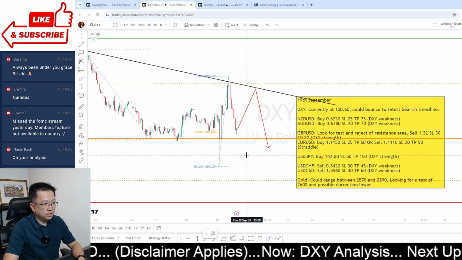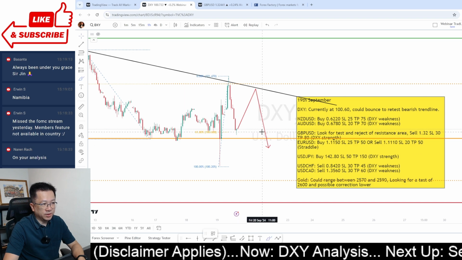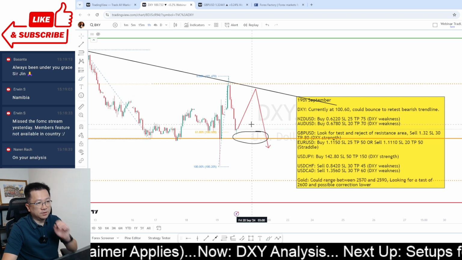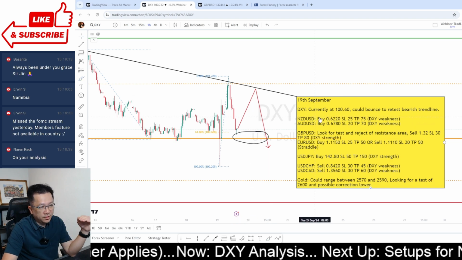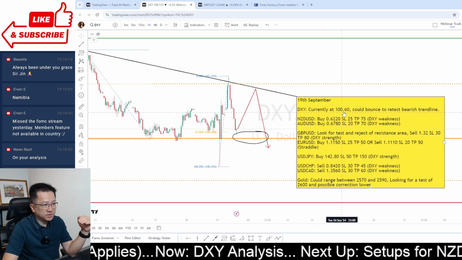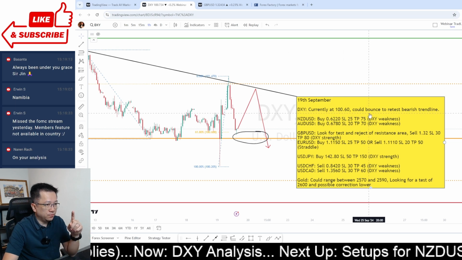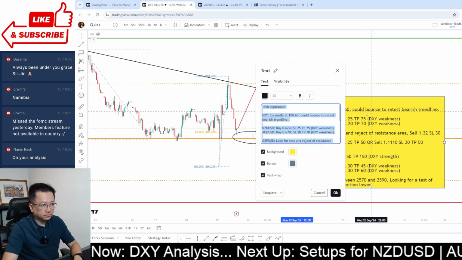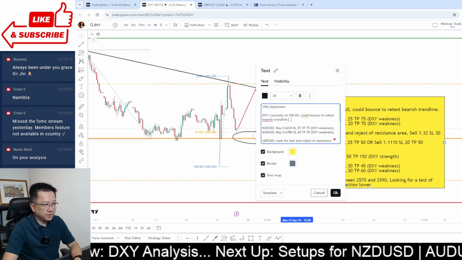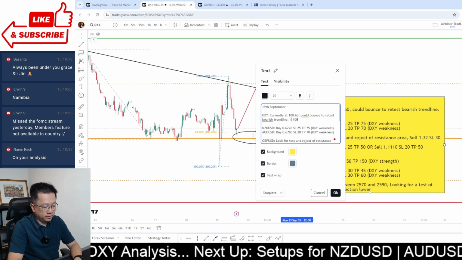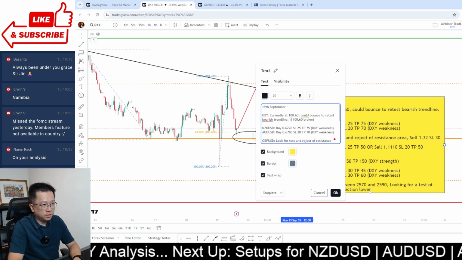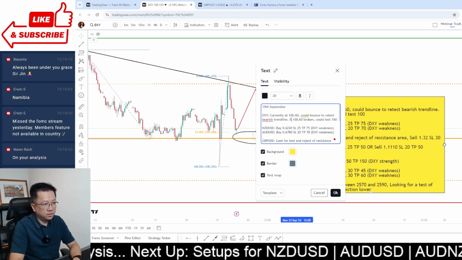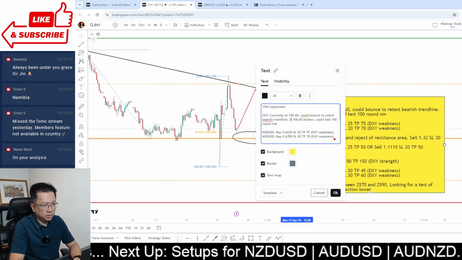Ultimately, the big question is what's going to happen at 100.60. It's currently close to 100.60. It could bounce to retest the bearish trend line for that downside. The thing here is if 100.60 is broken, it could test the 100 round number.